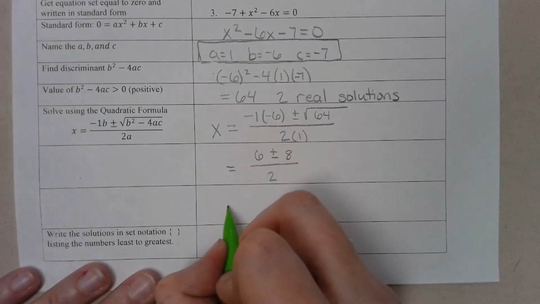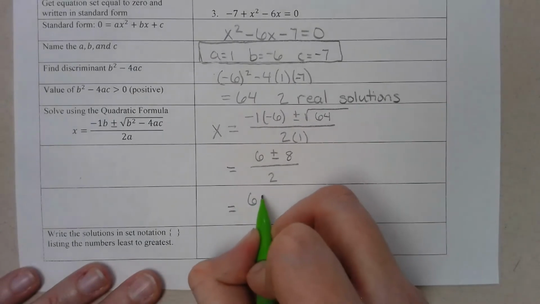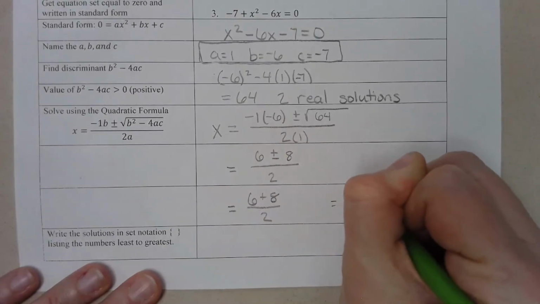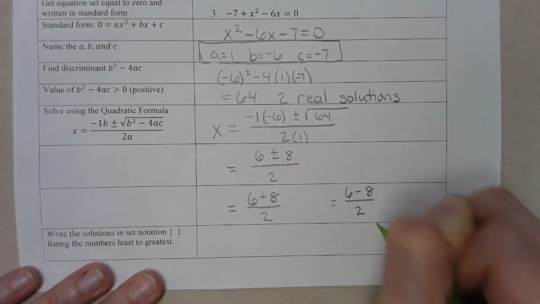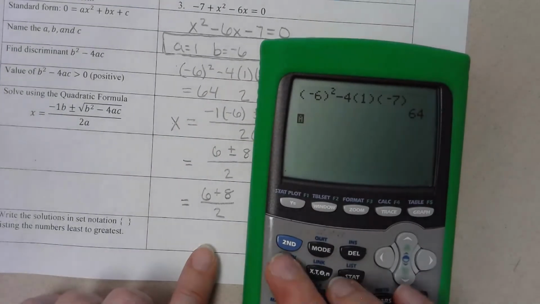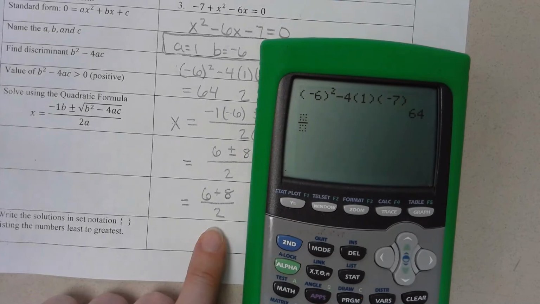Because we have our plus or minus sign, we need to make our two equations. 6 plus 8, we're going to divide that by 2, and 6 minus 8, we're going to divide that by 2. So we get, using alpha y equals 6 plus 8, and when you divide that by 2, that gives us a 7.